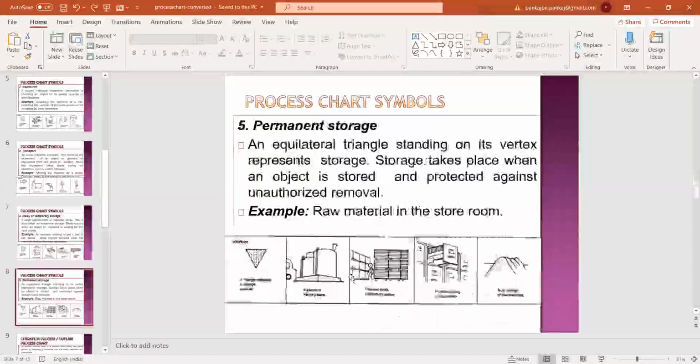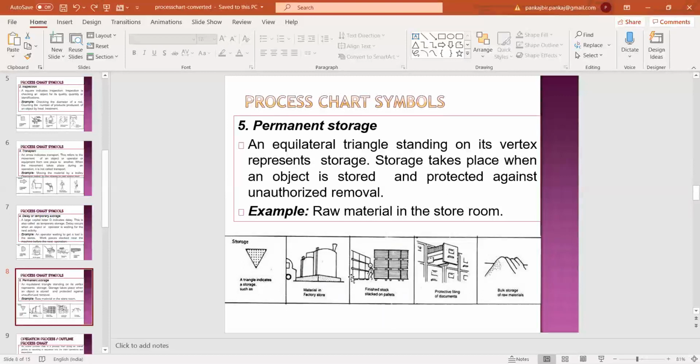Then our fifth symbol, which is used to represent in a process chart, is the inverted triangle. This equilateral inverted triangle is used for storage. This represents the stage when raw material is awaiting an action, or an item has been retained for some time for reference purposes or for storage purposes.